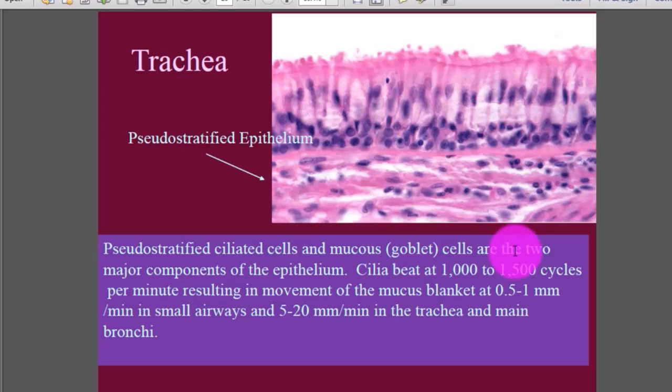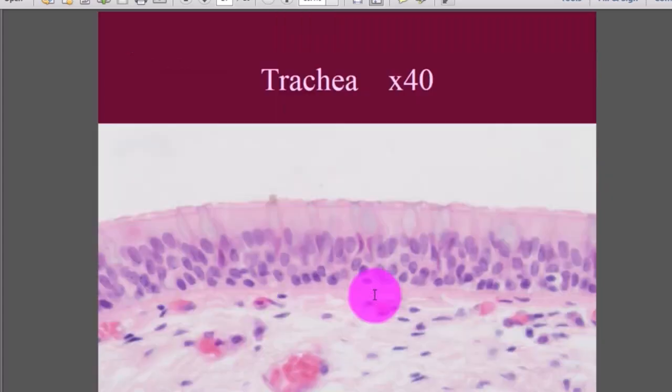Cilia beat at 1000 to 1500 cycles per minute, resulting in movement of the mucous blanket at 0.5 to 1 mm per minute in small airways and 5 to 20 mm per minute in the trachea and main bronchi.